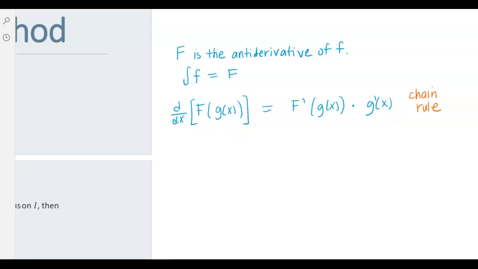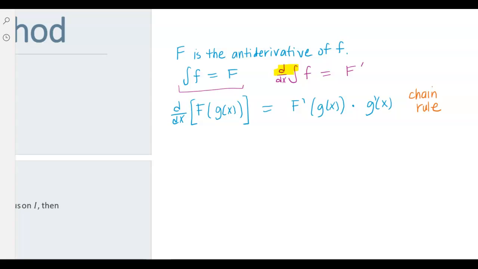Okay, and then using the assumption that we made at the very beginning, if I take the derivative of both sides of this, what I get is d dx of the integral of f is going to be equal to the derivative of this side.